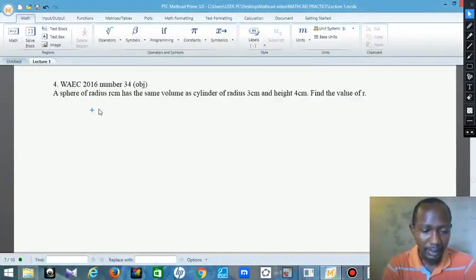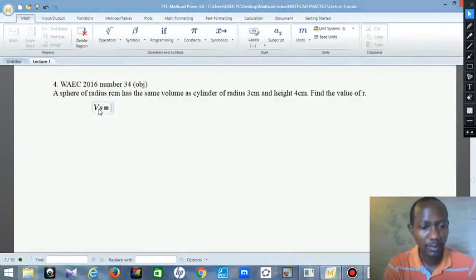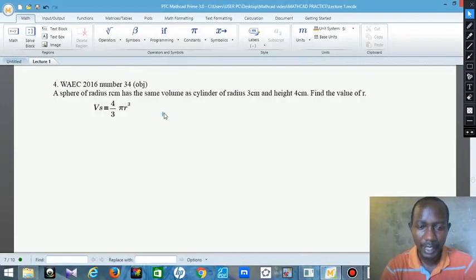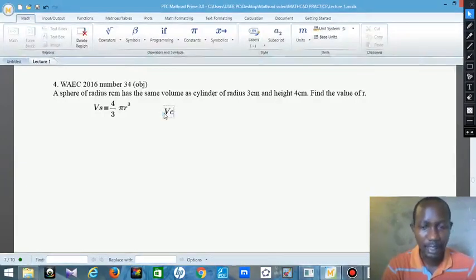So let me take Vs as the volume of the sphere. So what is the volume of a sphere? It is 4 over 3 pi r cube. So if I take Vs as the volume of a sphere, let me take Vc as the volume of a cylinder.